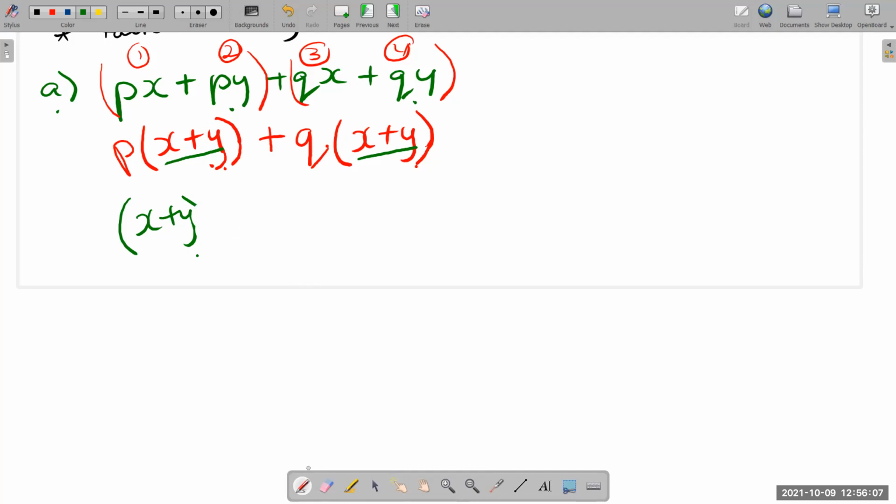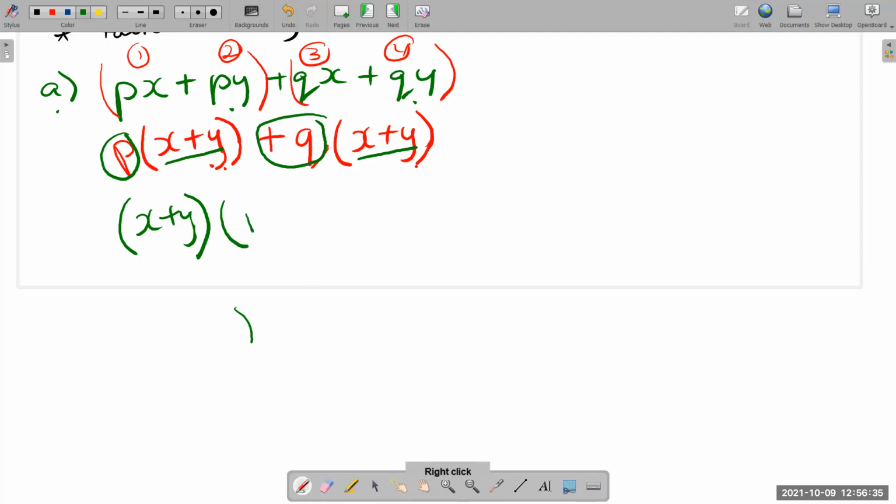So as I was saying, when we pull out what is common, what is left back is the P and the plus Q. So guess what is done with that?